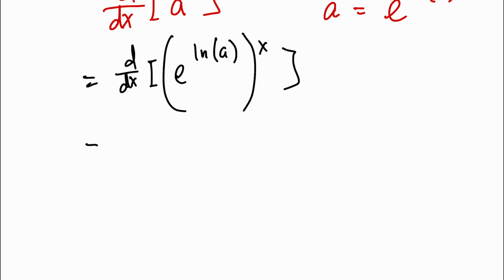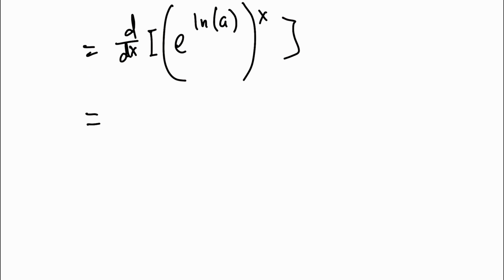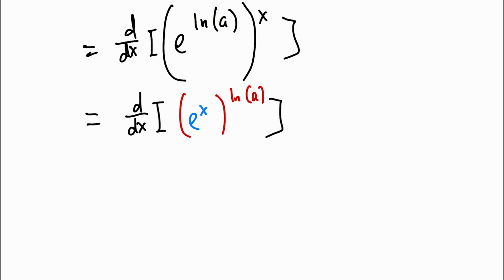And if we want to switch the places, this is possible because you can unpack this as e to the ln of a times x, move this in front and add parentheses. So then you would simply get this. That would be the derivative with respect to x of e to the x with a power of ln of a. And how do we do that?